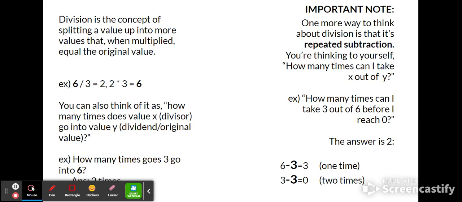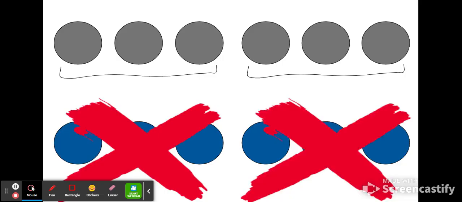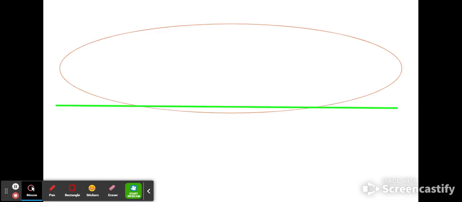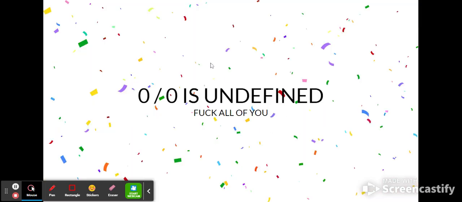And now let's do 0 divided by 0. We don't have a slide for this, so we'll just skip all the way to the very front. So if you have nothing and you take 0 away from that nothing, technically you did reach 0.